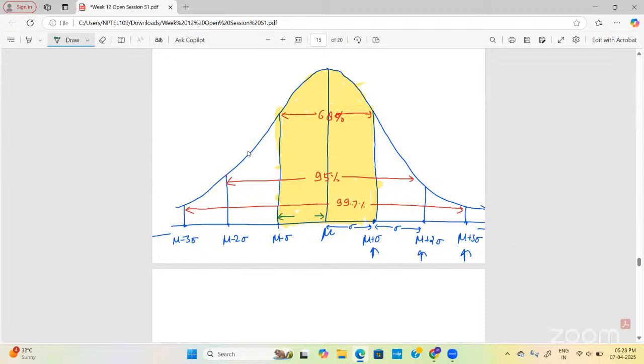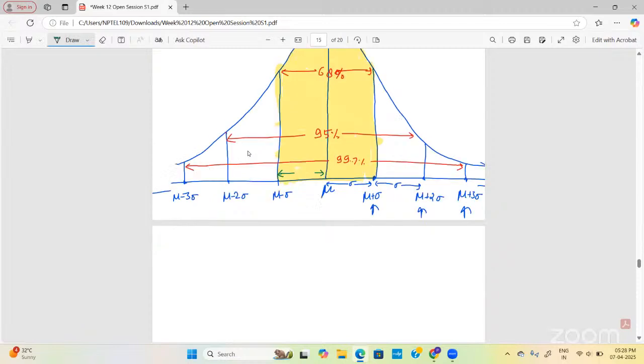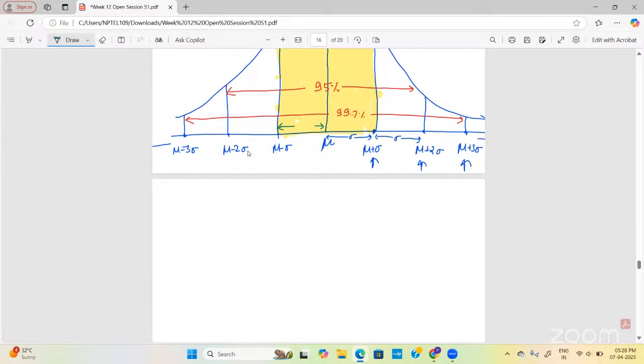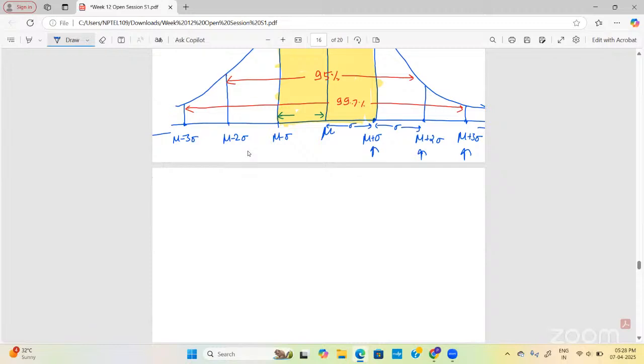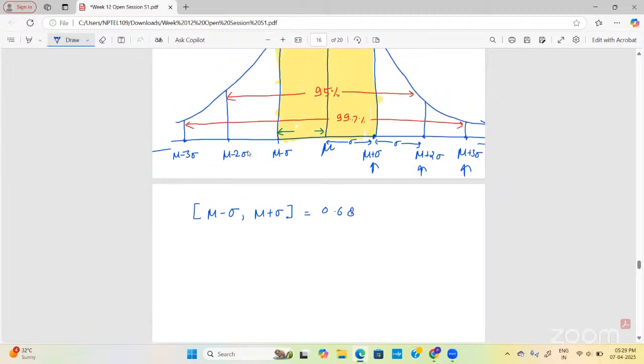First of all, I will write these things. So if a data point is between mu minus sigma and mu plus sigma, this will cover 0.68. So a random variable will fall in this region with probability approximately 0.68.